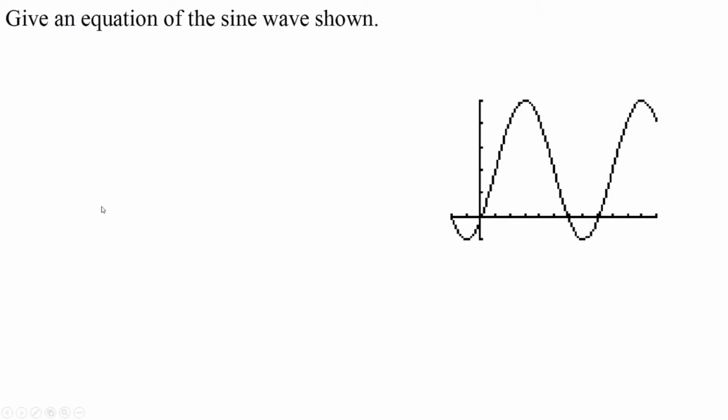All right, so with those tools, they can give you a graph of a periodic function that oscillates just like this, and you can write the sine wave that represents that graph really easily. So what is the amplitude? That's the first thing I think about right here.